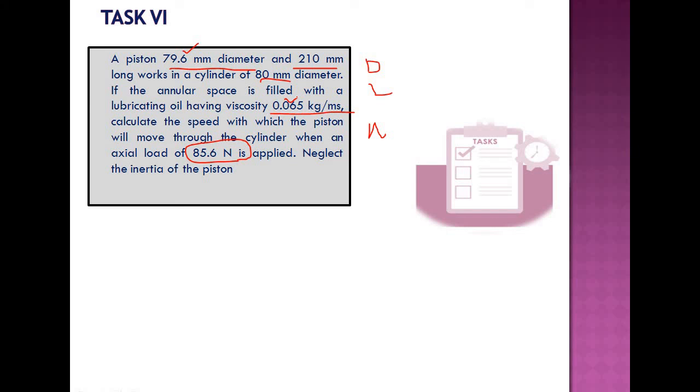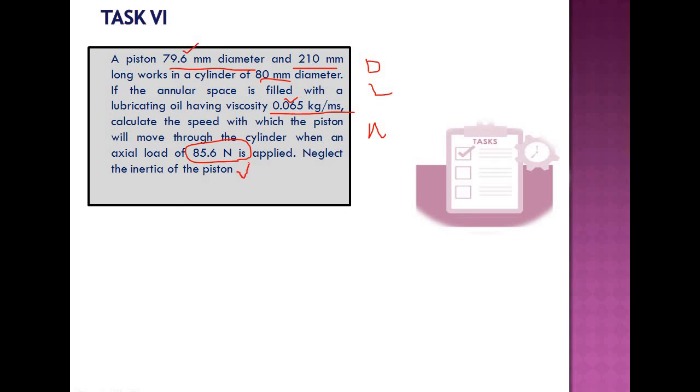So how to get shear stress and how is this shear stress induced in the fluid? Because the piston is moving, the axial load applied is 85.6 Newton. So when an axial load of 85.6 Newton is applied, what is the shear stress that is developed? That you can calculate.